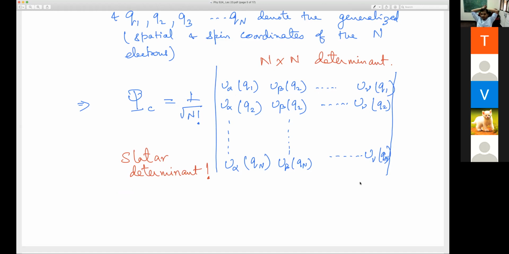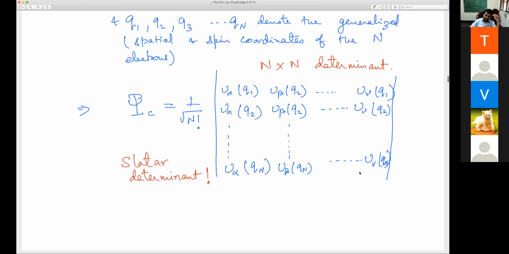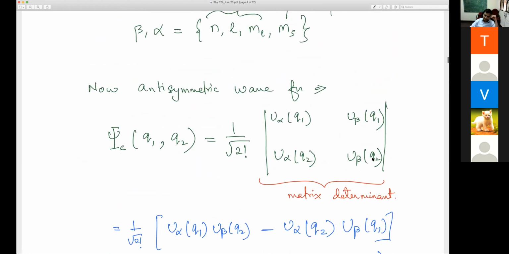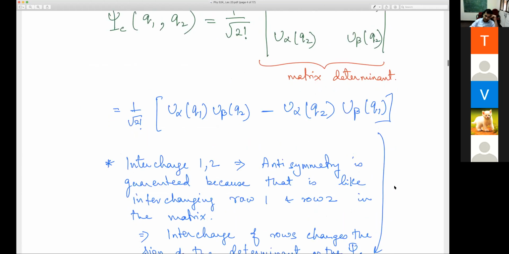So U alpha of Q1, U beta of Q1, U gamma of Q1, and so on, till the nth index, U nu of Q1. Likewise U alpha of Q2, U beta of Q2, and U nu of Q2, and likewise. So I'm just generalizing the 2 cross 2 determinant that we wrote.